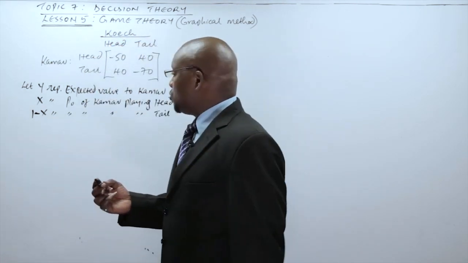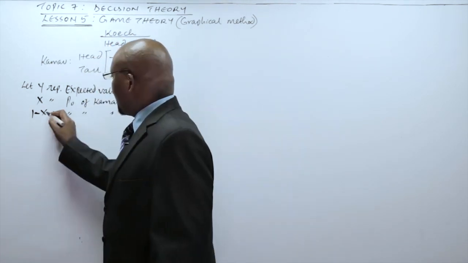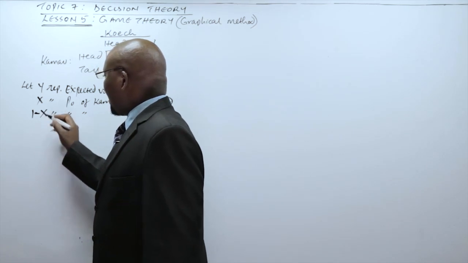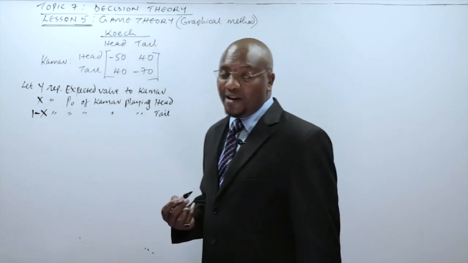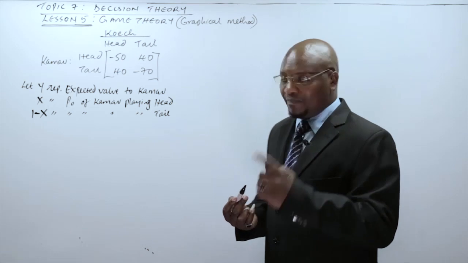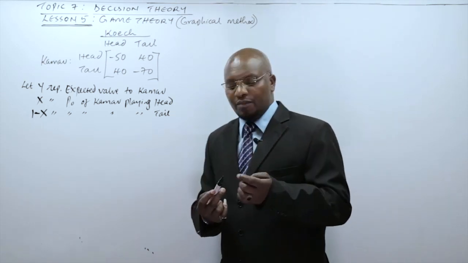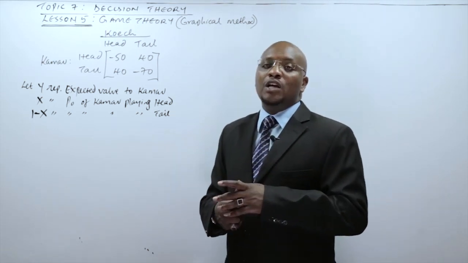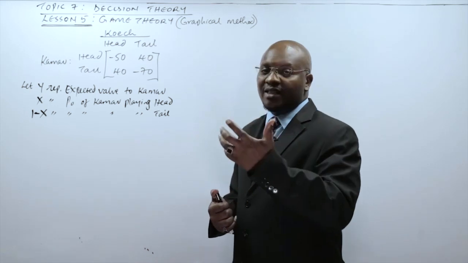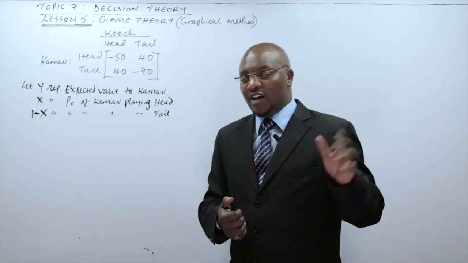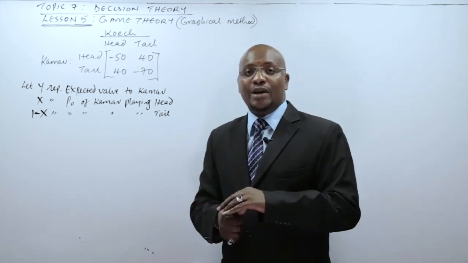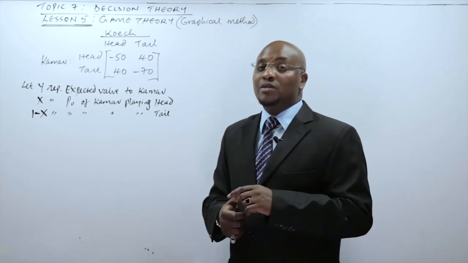One thing to know with the graphical method is that we cannot address the two players at the same time. We only address one player. And because this is a zero-sum game, one player is enough. If we get him losing, then we can be sure the other player is going to gain. If we have him gaining, then the other player is going to be losing.